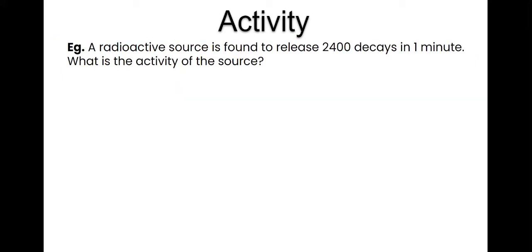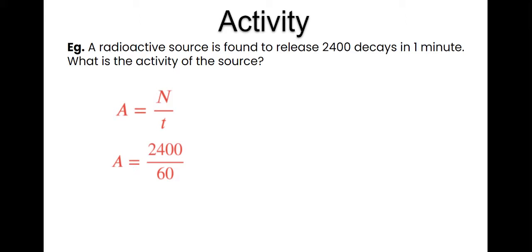A radioactive source is found to release 2,400 decays in 1 minute. What is the activity of the source? So, like in any problem-solving question like this, we start with our formula, A equals N divided by T. Now, we insert our numbers into that formula.